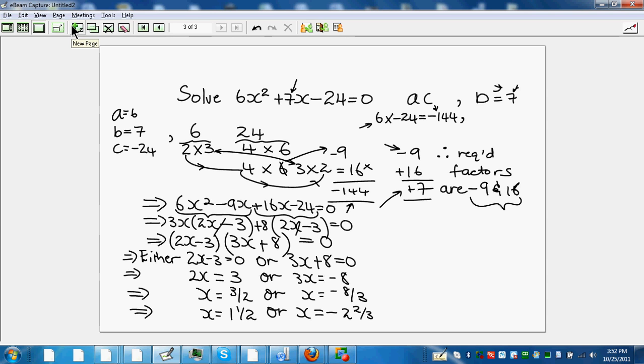If you wanted to put this in decimals, it would be negative 2.67 corrected to 2 decimal places. But you realize that if you use fractions, you have a perfect answer. You have no rounding off to do. Okay? So this would be the solution. Any questions on that?